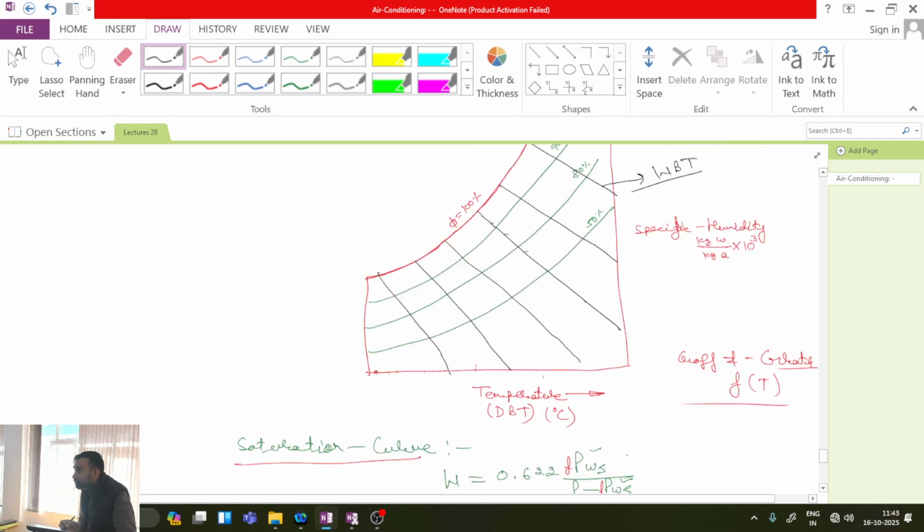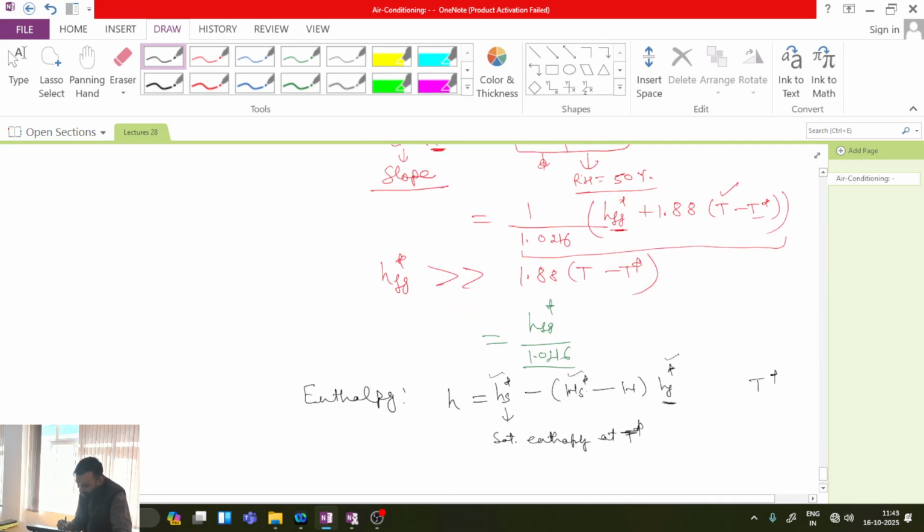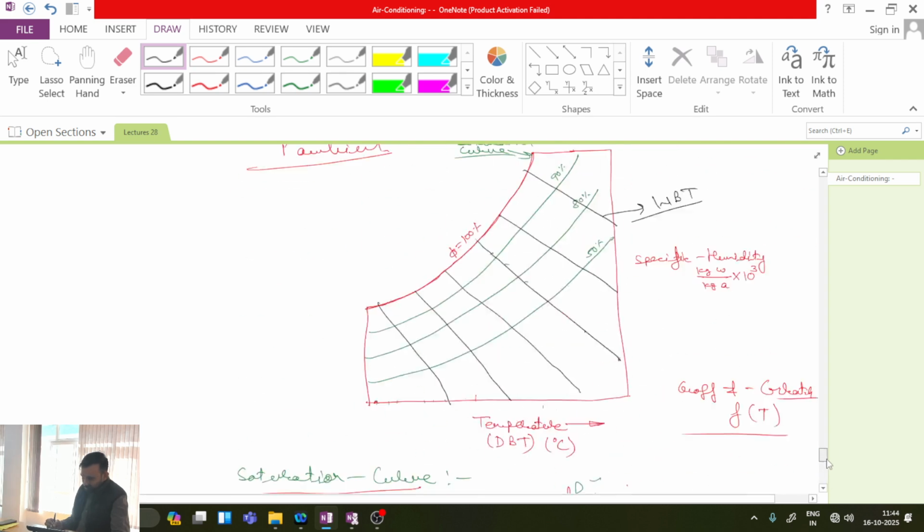Along this line, my T star is constant. So along this line, these are fixed. But which parameter is changing? W. So if you move along this line, your value of W is actually decreasing.